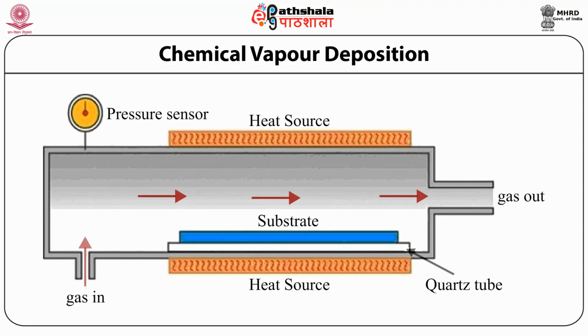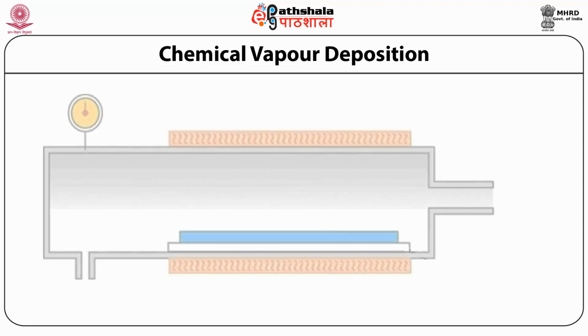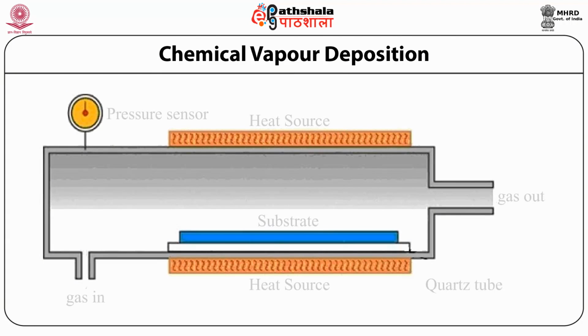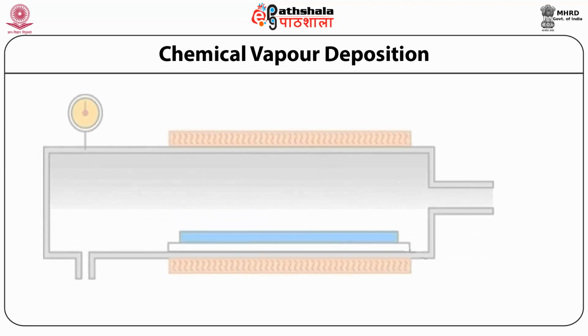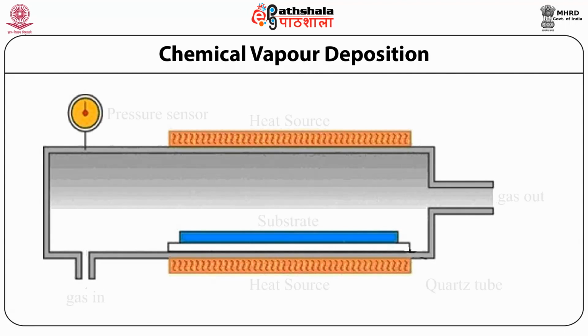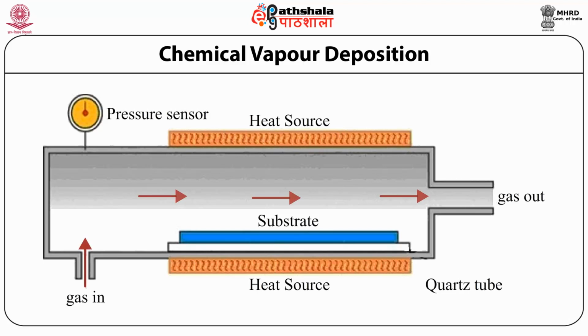This involves the reaction or decomposition of one or more precursor gases in a chamber containing one or more heated objects to be coated. The reactions occur on and near the hot surfaces where there is a heat source, resulting in the deposition of a thin film on the substrate surface.